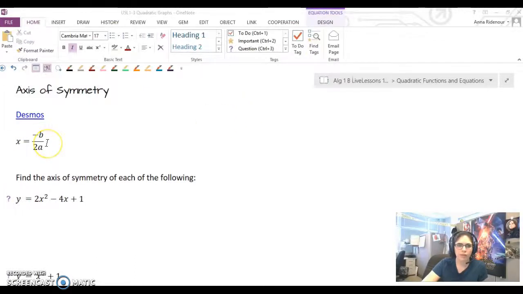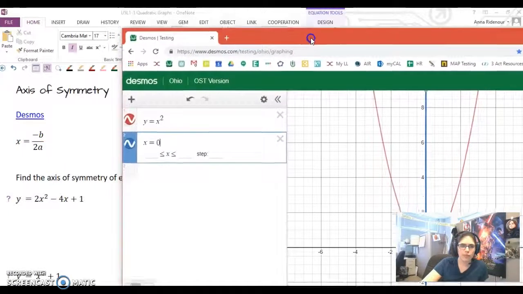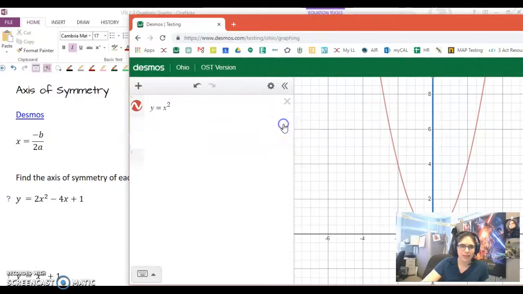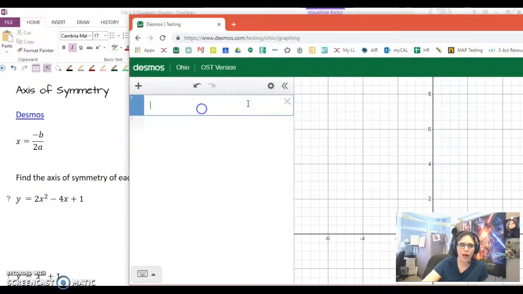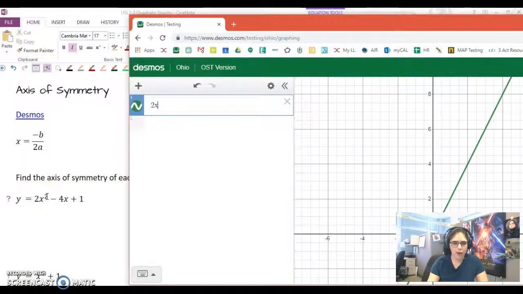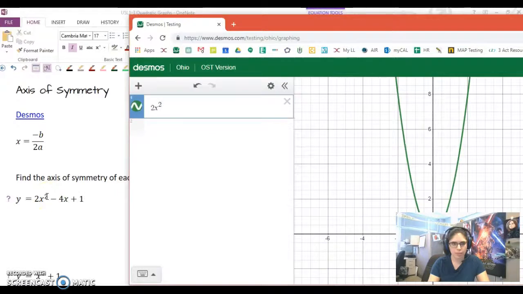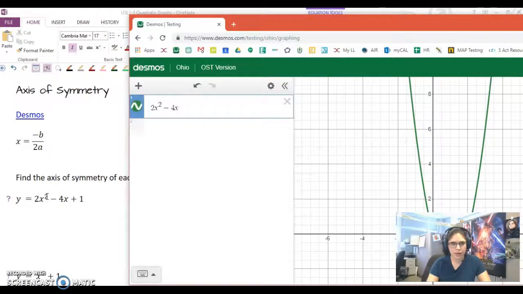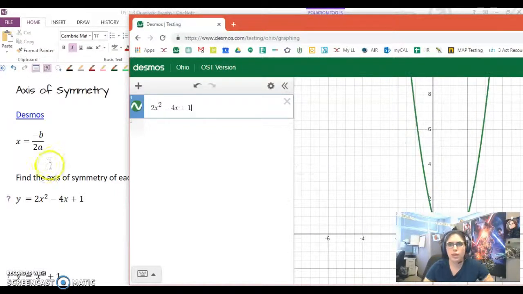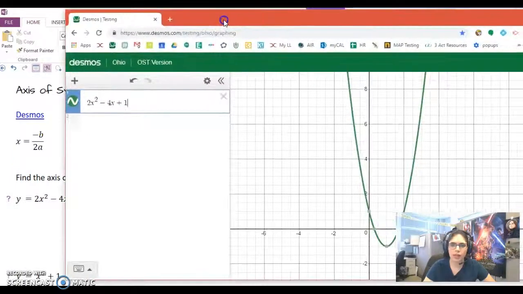But we also have this formula, which is x is equal to negative b over 2a, and that will give you your axis of symmetry. We'll do just one of these since this is technically the next lesson, but I did want to show you how this works. If we have 2x squared minus 4x plus 1, we have our parabola right here.